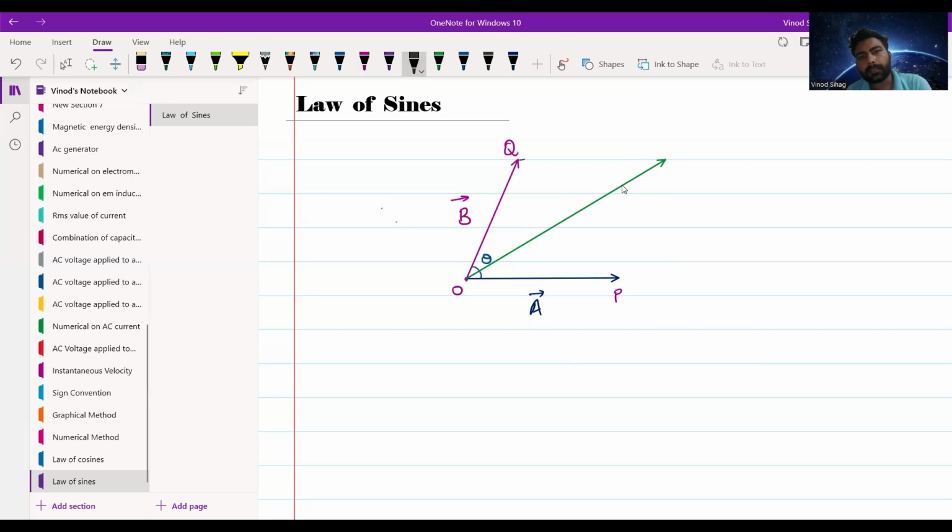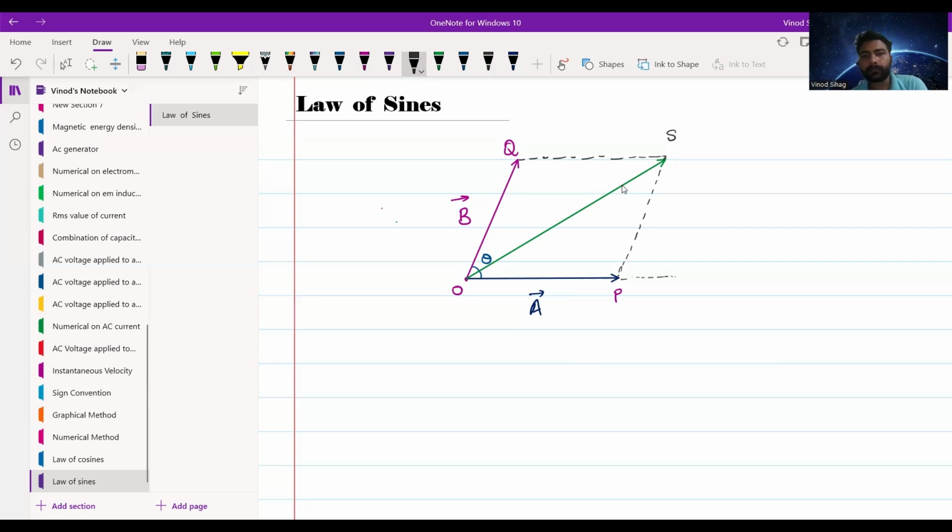Now let us connect this, and let's say this point is S, and now we are going to connect the point S to point P also. So it will form a parallelogram, like this.